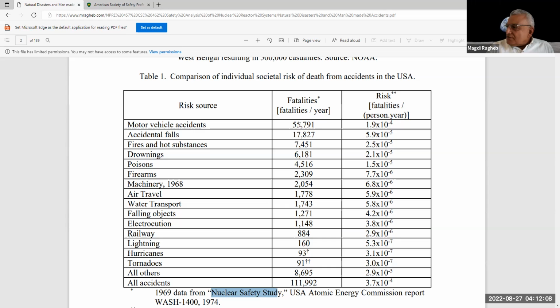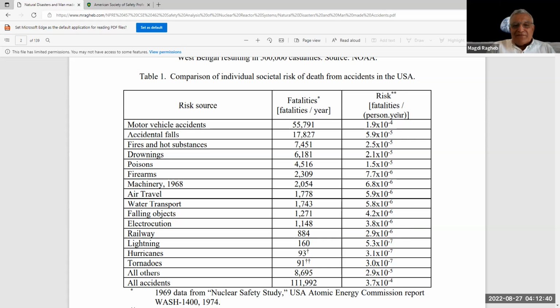The units here, notice here in engineering, we watch our units. So this is fatalities per year. And then when you divide by the population of the United States, you get a number that is now fatalities or deaths per person per year. When you give those units of fatality per person per year, you are estimating a quantity that we call the risk. Now, notice here, last time we suggested that when we describe accidents, we can use the frequency or a likelihood.